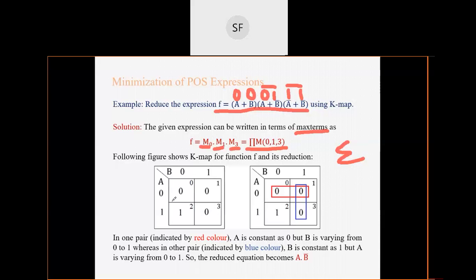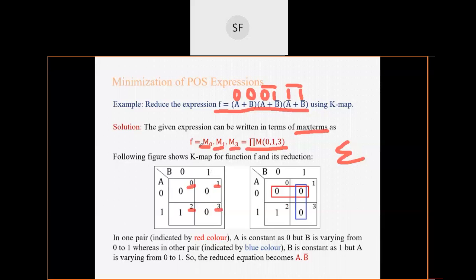Two variable K-map, it is very simple. Now you have to put 0 for each cell where the max term is present. So you can observe here it is m0, m1, m2 and m3.